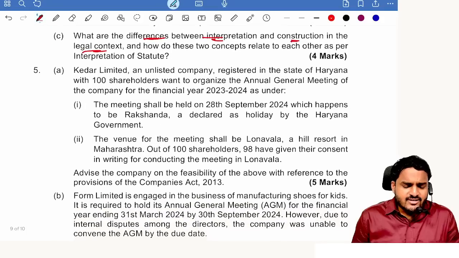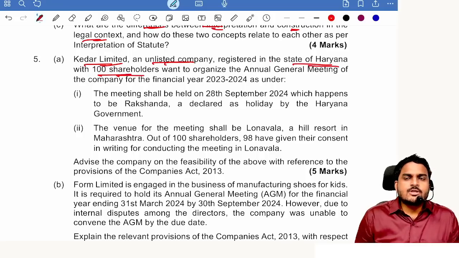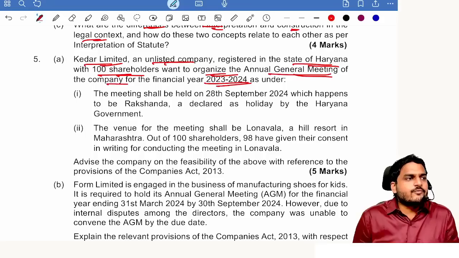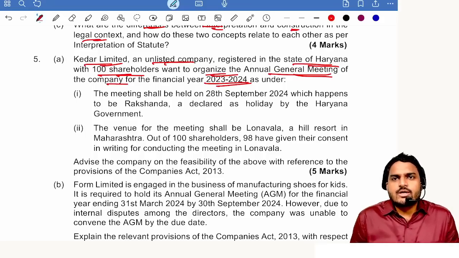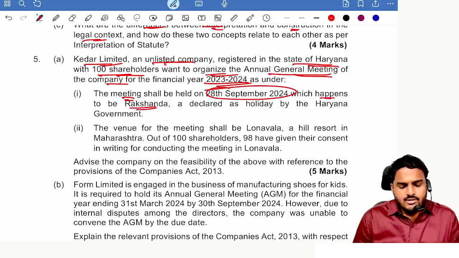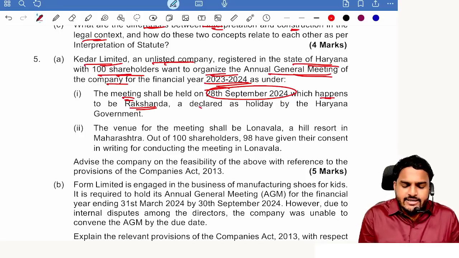Okay. Kedar Limited, an unlisted company registered in the state of Haryana with 100 shareholders, wants to organize the AGM of the company for the financial year 23-24 as under. Just look at the question. The meeting shall be held on 28th September 24, which happens to be Raksha Bandhan, declared as a holiday by the Haryana government.